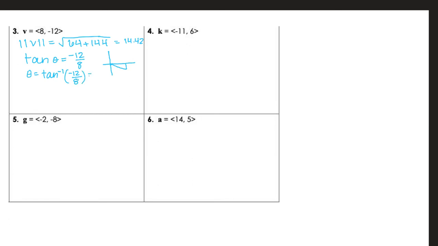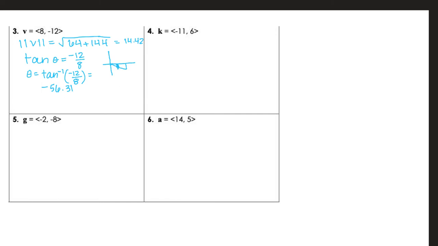And that's going to give us this little angle inside here. So let's get our calculators and see what value we get. And you should get negative 56.31. And so that's your angle here.